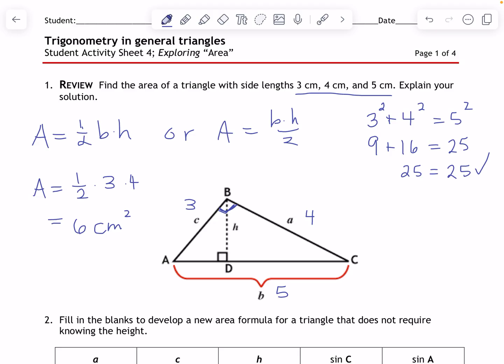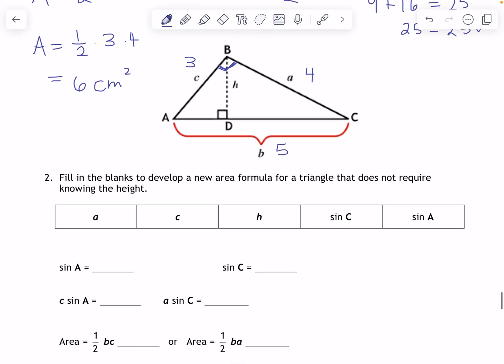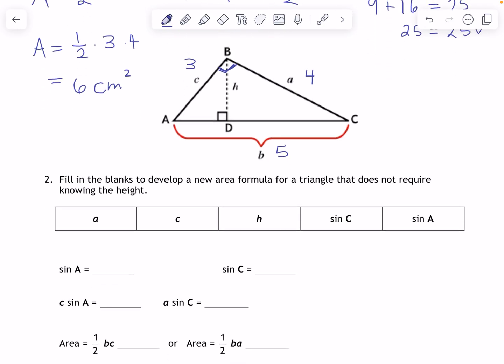All right, so if you're interested, I'm going to talk about where today's formula comes from for finding the area of a triangle. I'm going to take a look at angle A here, and I'm going to label that as theta. Down at the bottom here, it's saying, find the sine of A. And I know sine is equal to the opposite over hypotenuse.